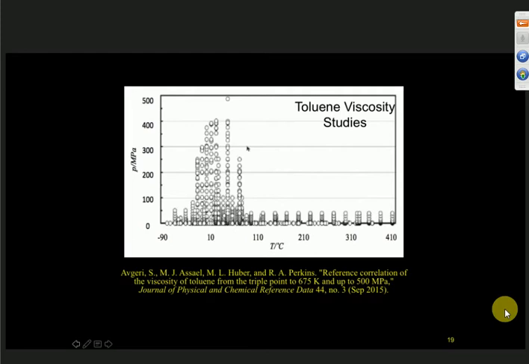There is a lot of high pressure data below 100 degrees C, but above 100 degrees C it's very hard to measure this data. We are interested in getting data under these conditions, with temperature all the way to 300 degrees C and pressures to 300 megapascals.